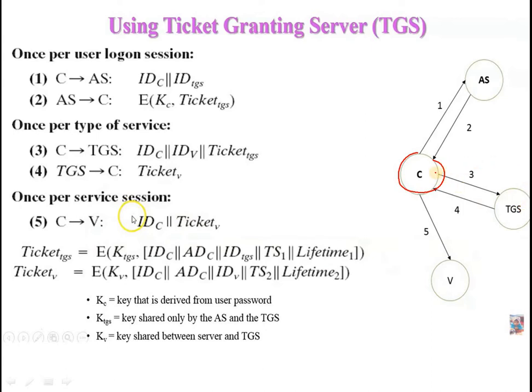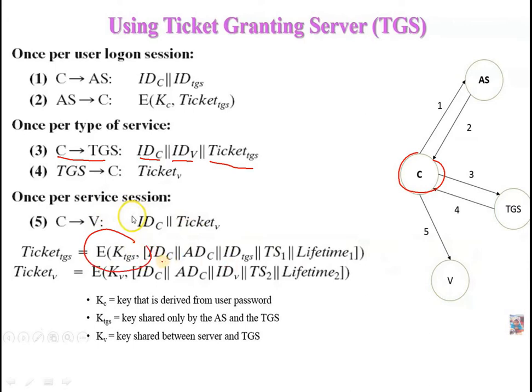In the third step, the client is sending its identification, the identification of the server V, and then ticket TGS. It sends the ticket because it can't decrypt it and can't see what is there in the ticket. Now the TGS receives this ticket TGS and decrypts it.